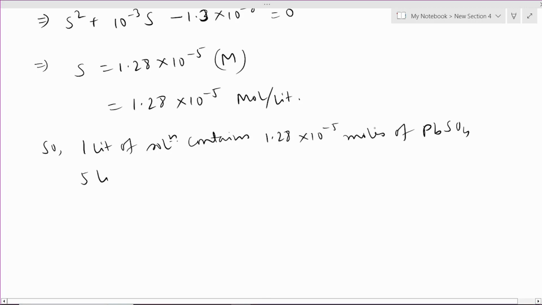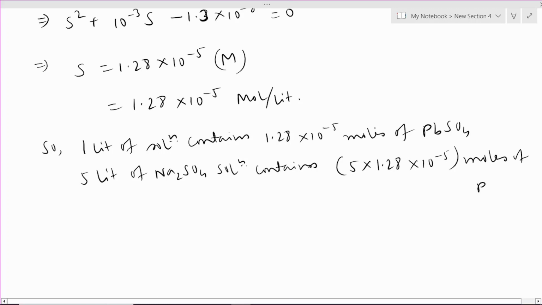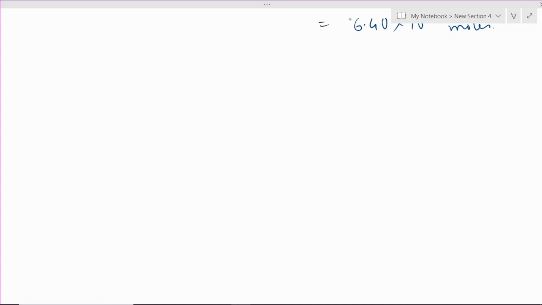So 5 liters of sodium sulfate solution contains 5 into 1.28 into 10 to the power minus 5 moles of PbSO4, that is 6.40 into 10 to the power minus 5 moles. And we have to mix 20 ml of 2 into 10 to the power minus 4 molar lead nitrate with 80 ml of 10 to the power minus 4 molar sodium sulfate.